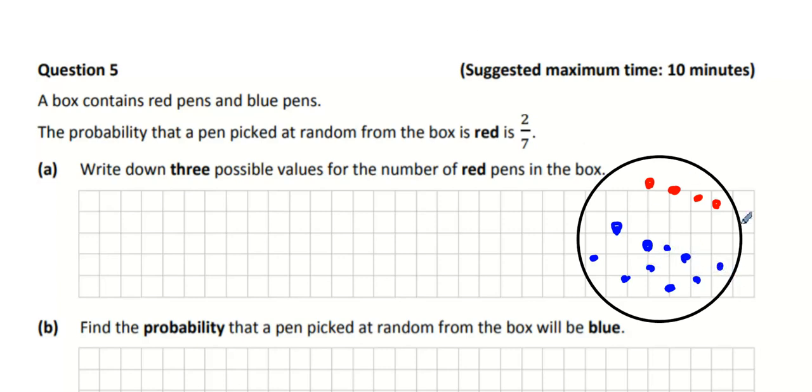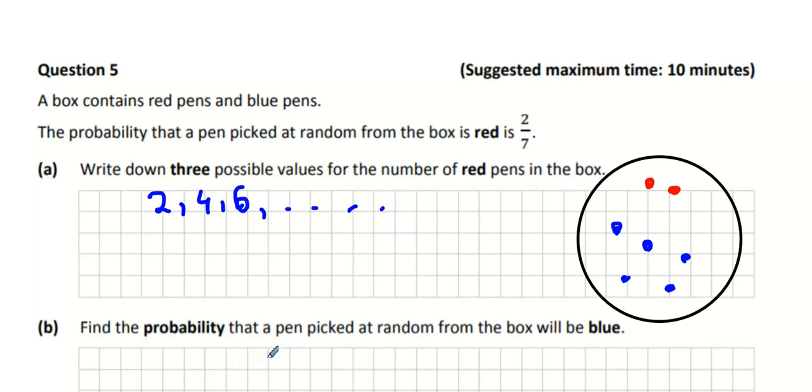Or I could have 6 red pens and 15 blue pens, and that'd be the same ratio as well. So I can have any multiple of 2 I want. Okay, it doesn't have to be 5 and 2. It could be 10 and 4. It could be 15 and 6. So I could have 2, 4, 6, any even number of pens.